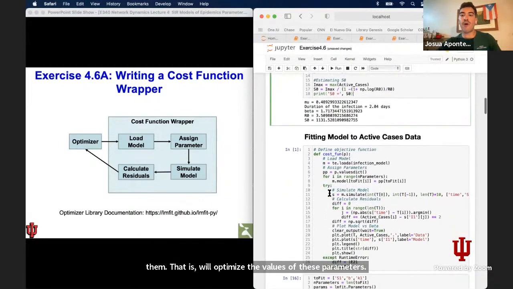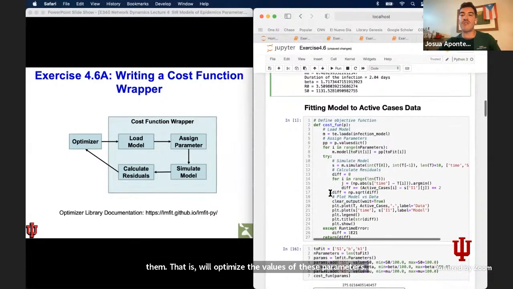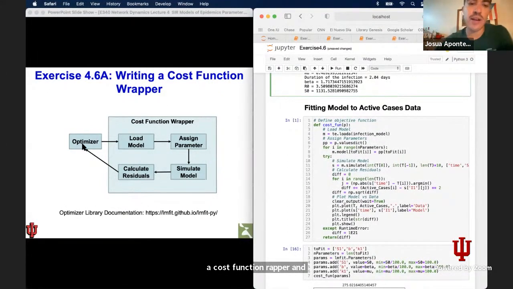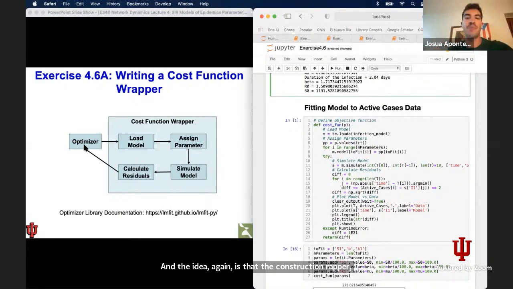The first thing we need to do is define a cost function wrapper, and this is specific to Tellurium. The idea is that the optimizer is going to give us, the modelers, the parameter values.